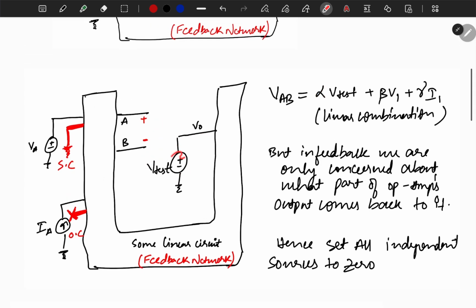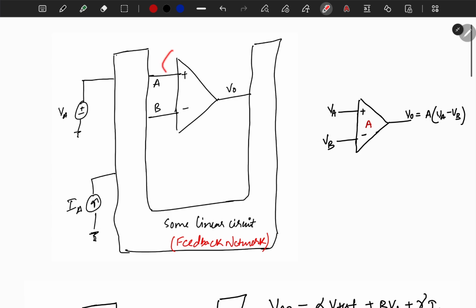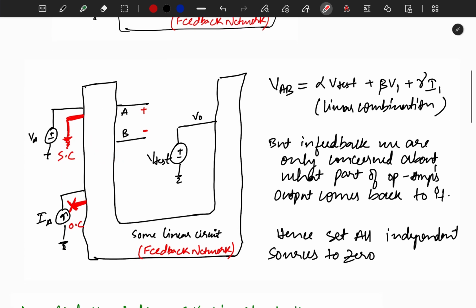The reason I'm using V test here is that we are ignoring all of the models and whatever circuit is inside the op-amp, and we are simply trying to see what part of V test goes into terminal VA and terminal VB. That way we would decide if the op-amp is in positive or negative feedback. So I'm using alpha times V test.